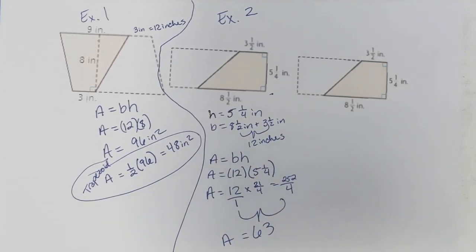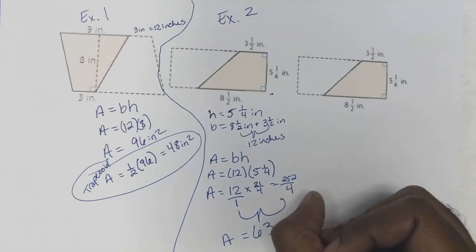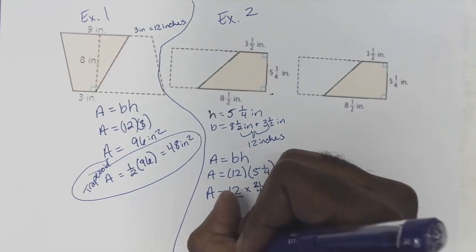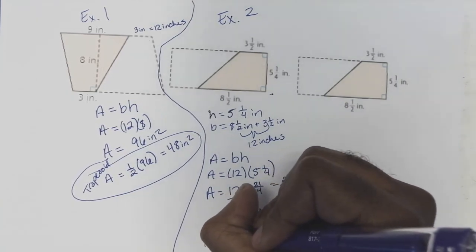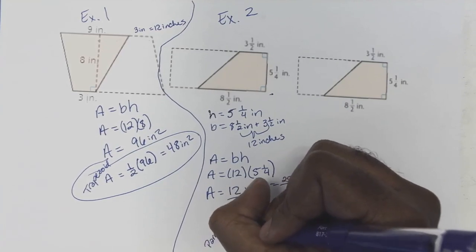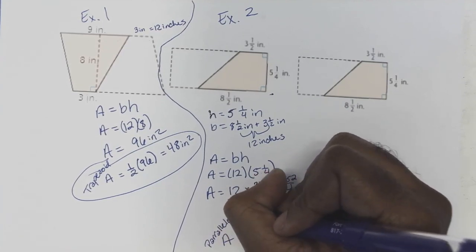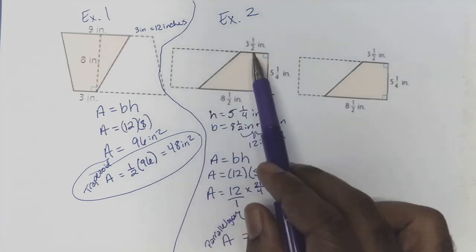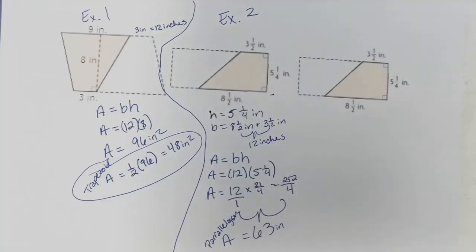Am I done? Not yet. I've got to make sure I put inches. What does this 63 inches represent? This is the area of my parallelogram. So now I need to find the area of my trapezoid. Again, a trapezoid is half of that.